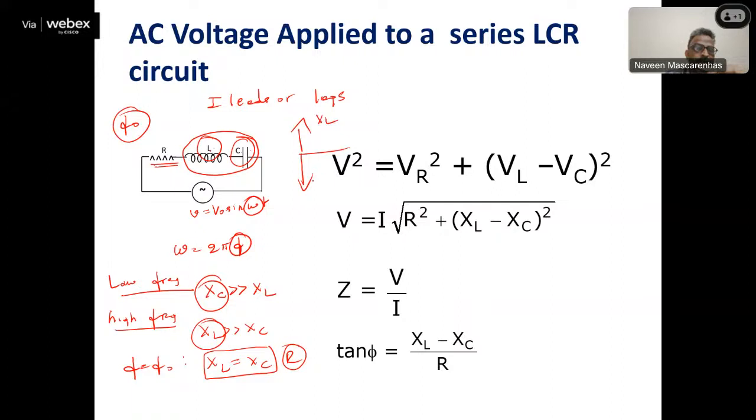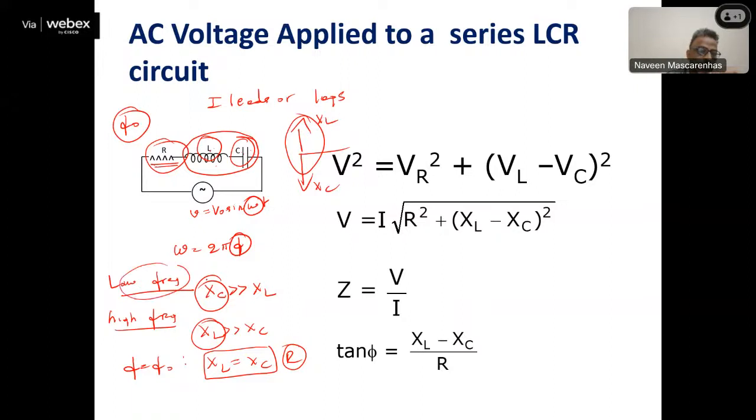If one is in the positive y direction, the other will be in the negative y direction. Therefore, the net, if two vectors are there, if I ask you to draw the resultant vector, what do we do? Same way here. XL minus XC is 0, right? So the net opposition shown by both L and C will be 0. So who is the only one opposing now? R. So R dominates.